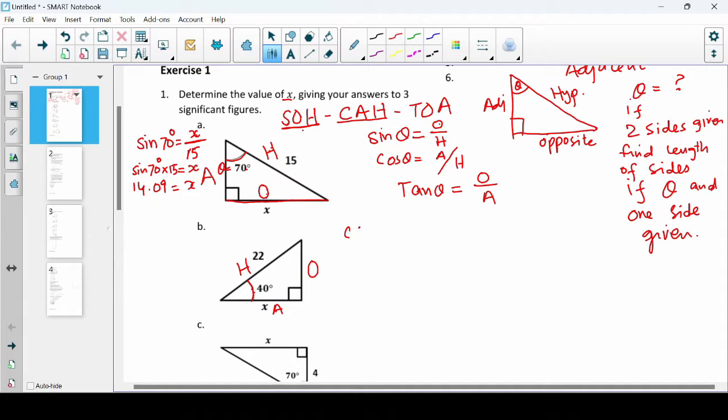So in this case, CAH we have to use. So the formula is cos theta is equal to adjacent over hypotenuse. And here we write it as cos 40 is equal to adjacent, our x unknown, over hypotenuse 22, and we move this 22 to this side, so it gives us cos 40 times 22.